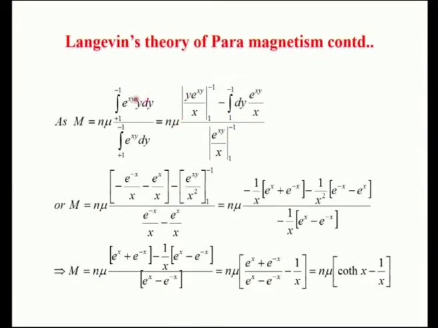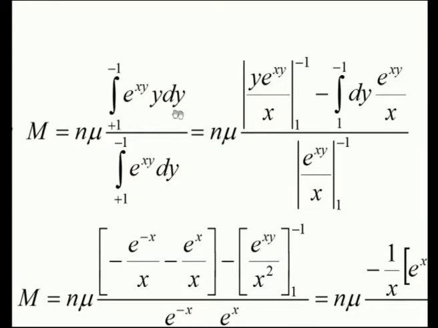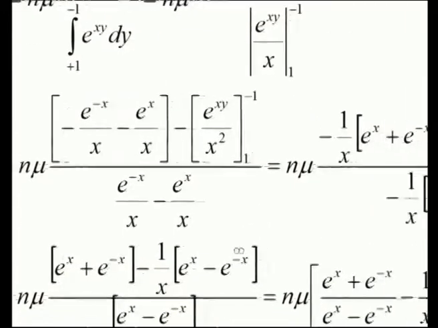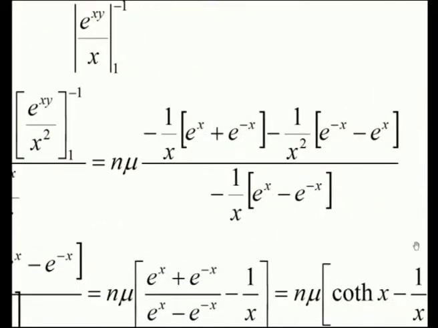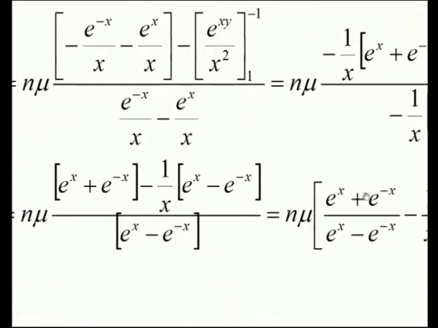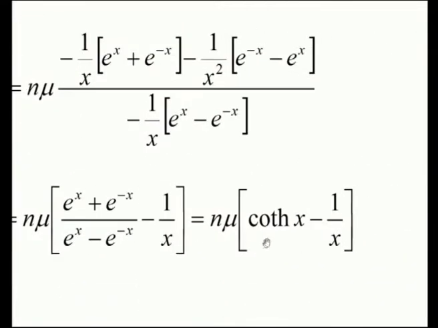This explains how we go about the derivation, and after integration we get this one, then the limits plus 1 to minus 1 we can apply here, and here also, then finally we get this, and so this is all about it. Then finally we get n mu multiplying coth x minus 1 by x.